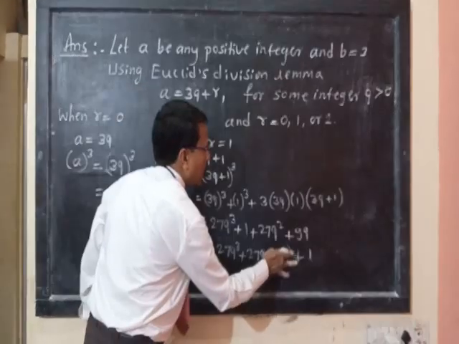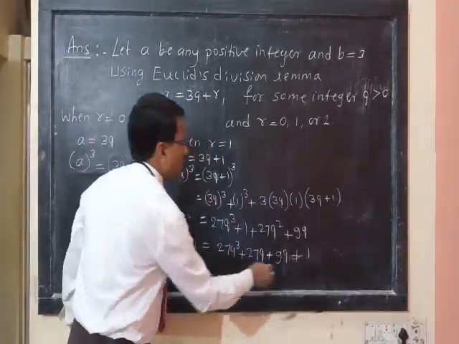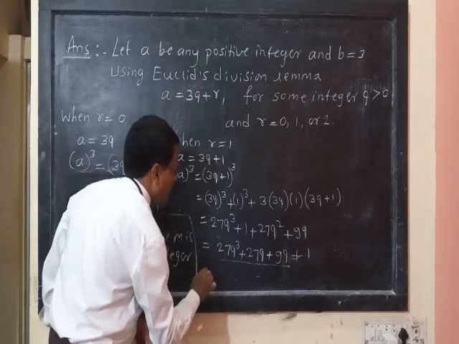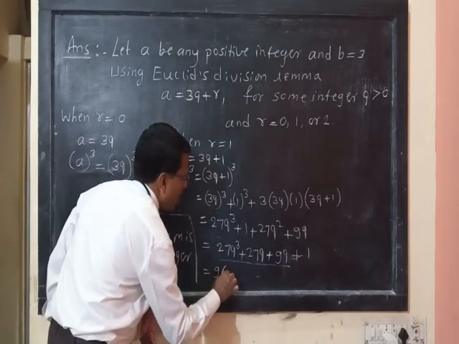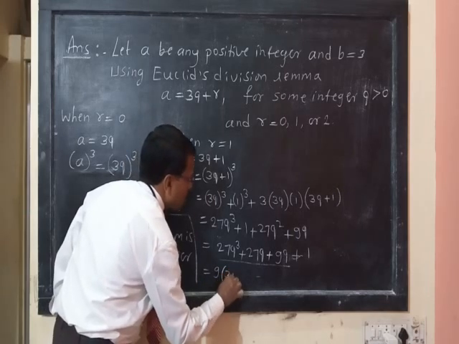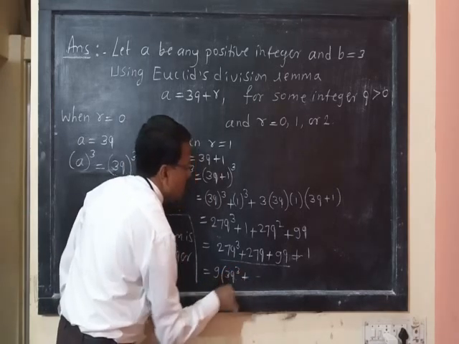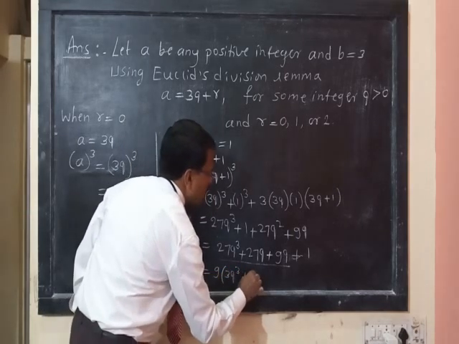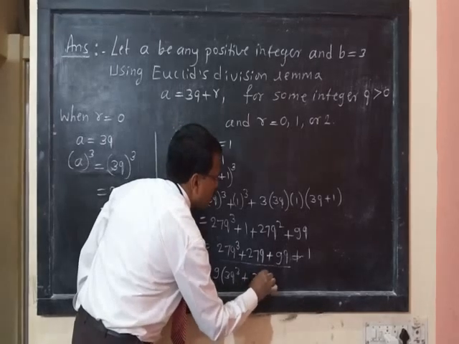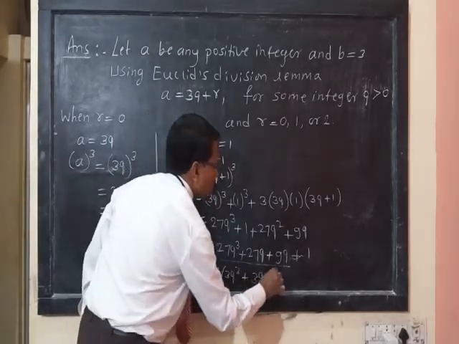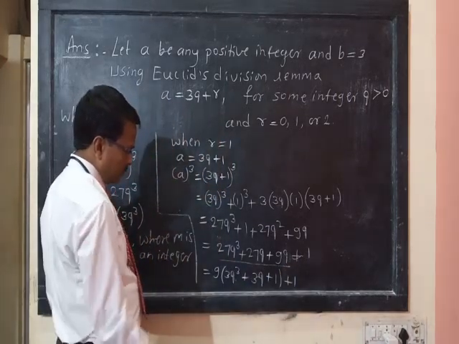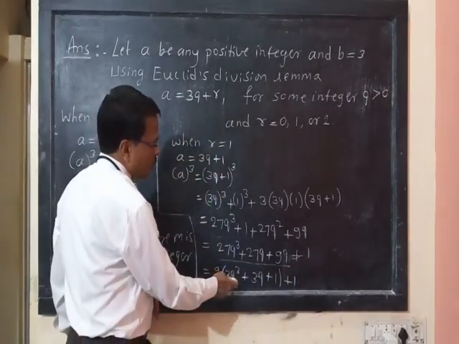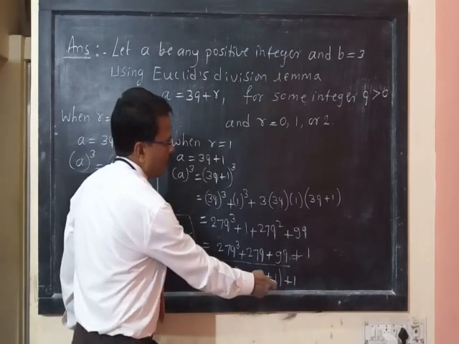From this I can take 9 common outside. What is remaining? 3 q cube plus 3 q square plus q, plus 1.